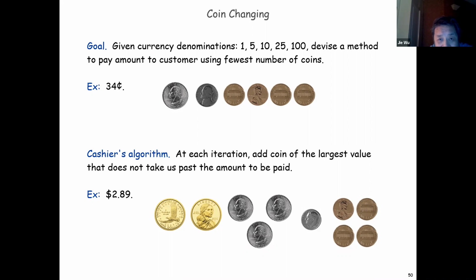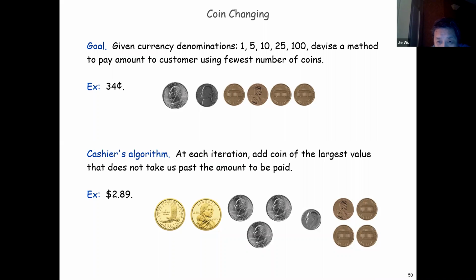So the key is: use given currency denominations, devise a method to pay the customer using the fewest number of coins. The cashier algorithm: at each iteration, add the coin of the largest value that does not take us past the amount to be paid. Just keep on doing this. Instead of subtraction, you can do the addition, right?